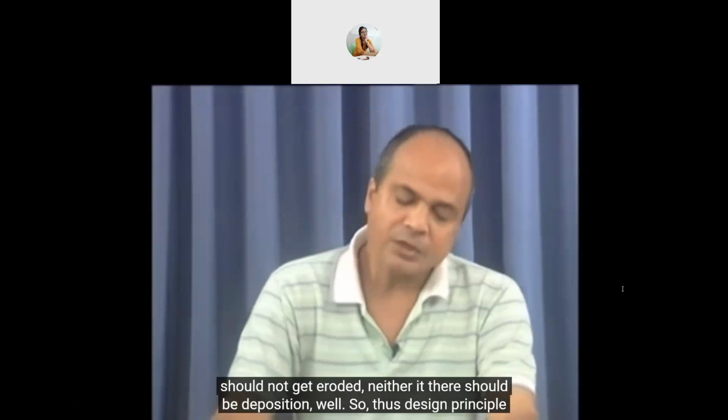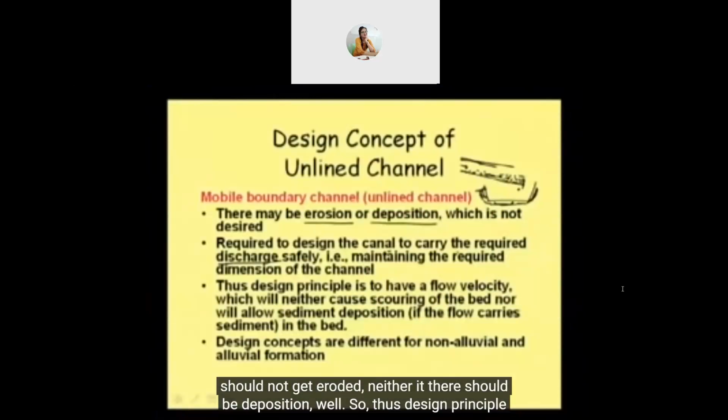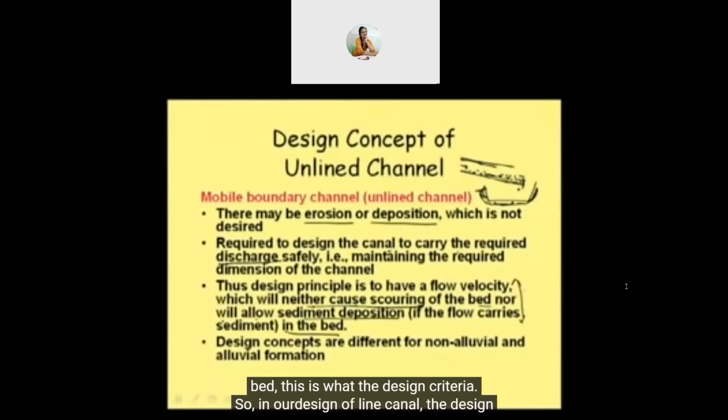So the design principle is to have a flow velocity which will neither cause scouring, that is erosion of the bed, nor allow sediment deposition in the bed. This is the design criteria.